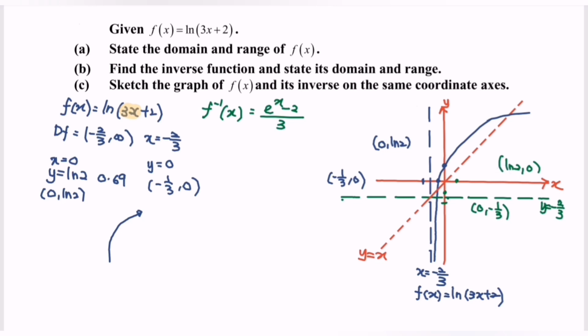The graph will be something like this. So that will be the graph for f inverse, where we have (e^x - 2)/3. And they will intersect at y = x.